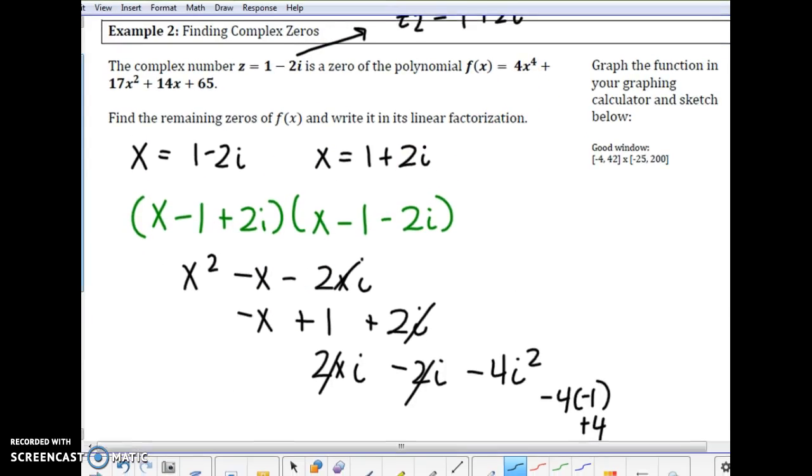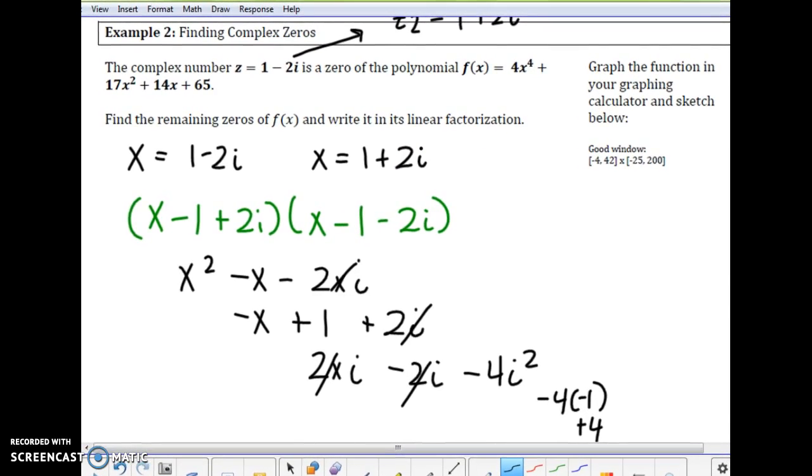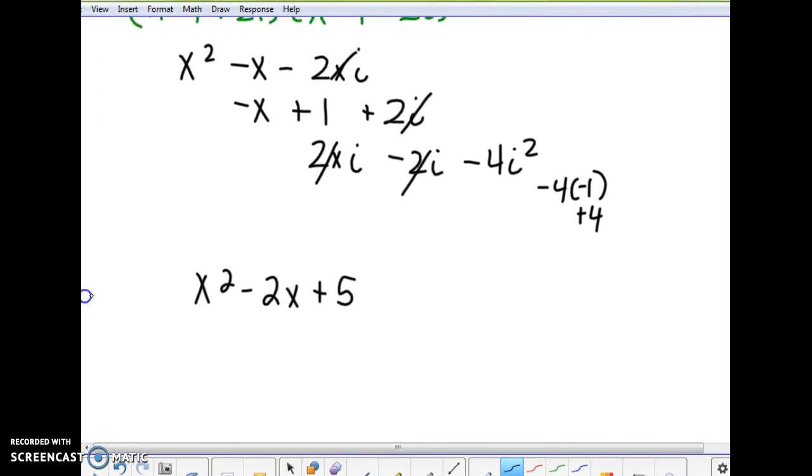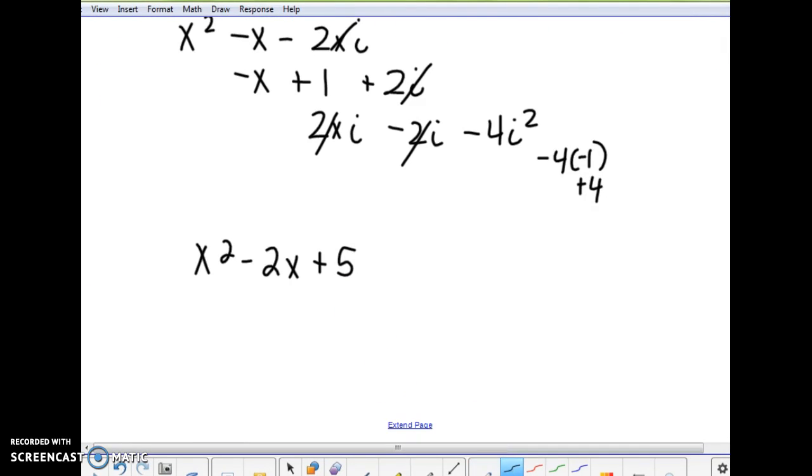So what I like to do is multiply those two kind of ugly imaginary parts, and then I use long division to divide it out. So I had x to the fourth, 4x to the fourth, need a placeholder.